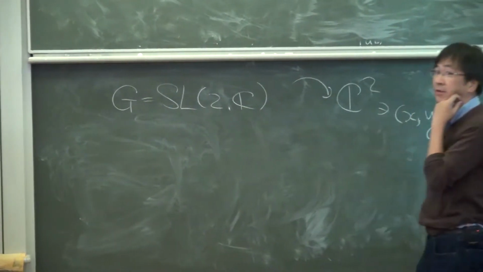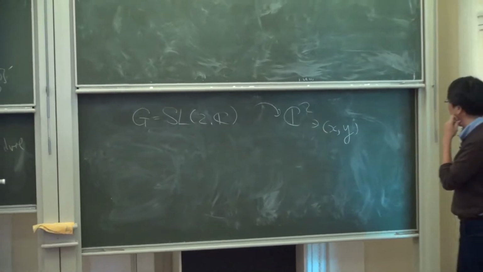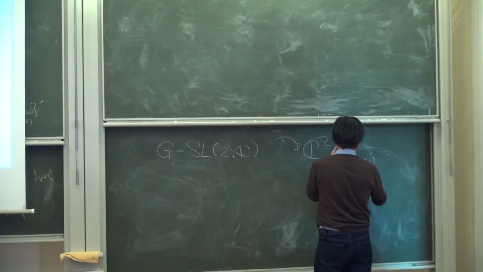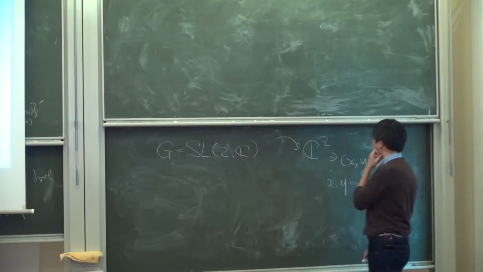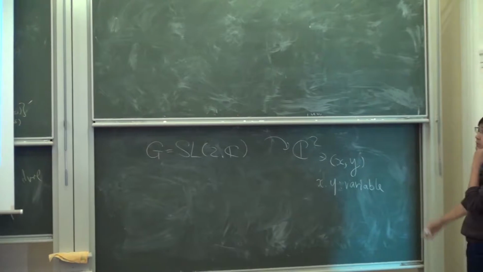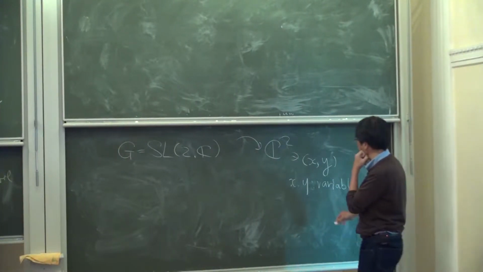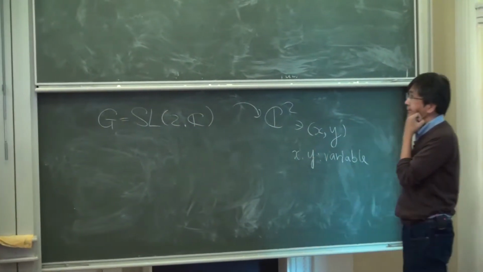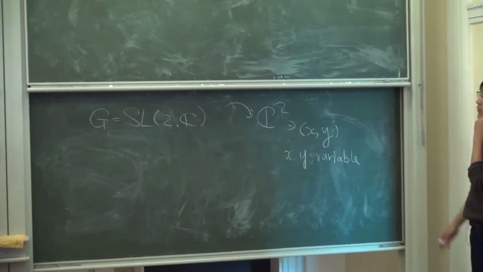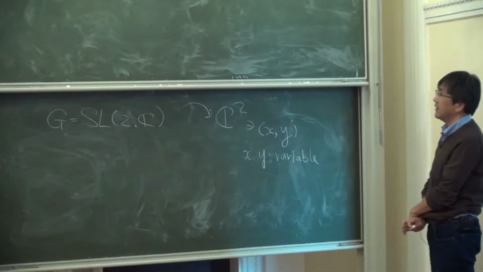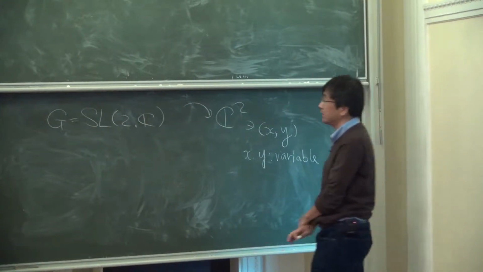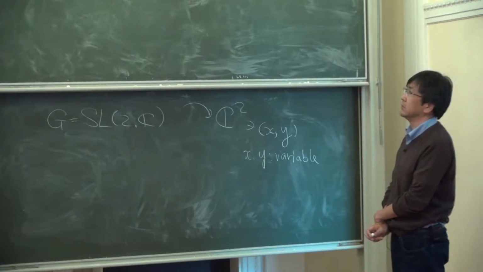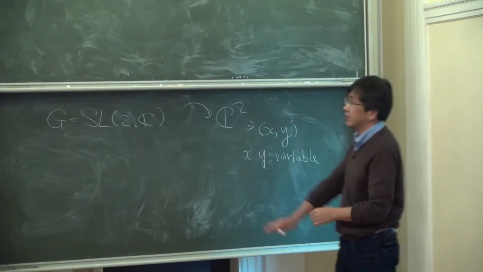And I also consider x and y as variables, and you can consider the polynomial ring. The polynomial ring is a representation of this group G. But if you want to have a finite dimensional representation of G, and today I'm interested in finite dimensional representations of the group G, then I take Vk.